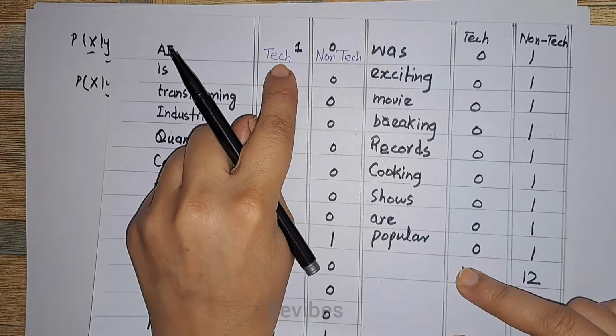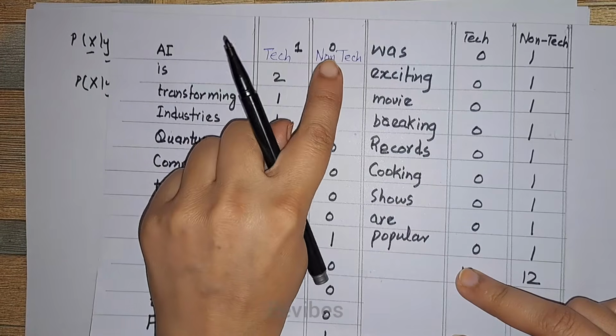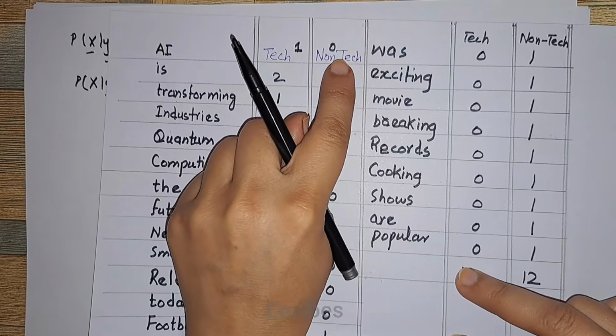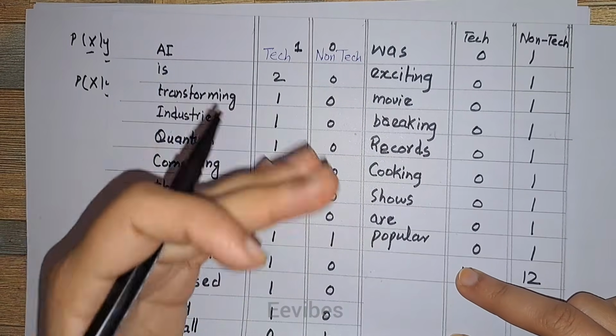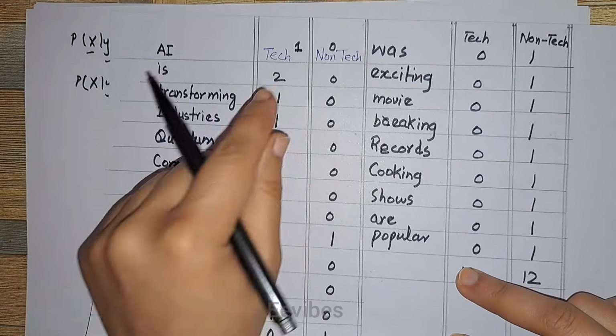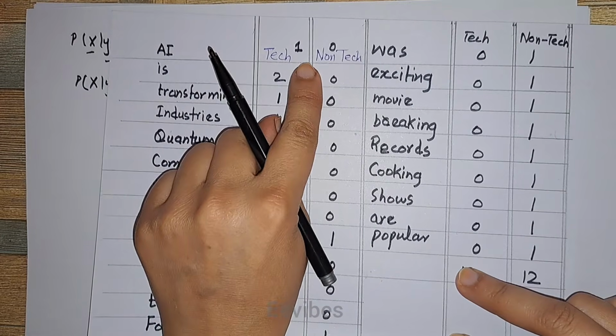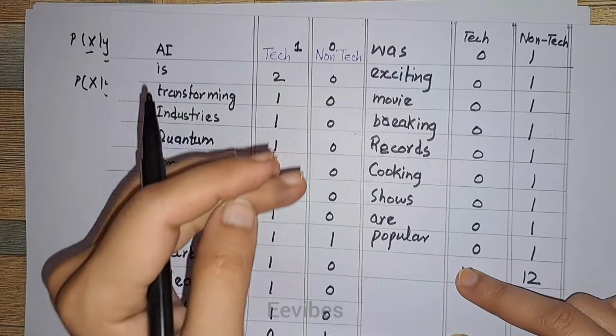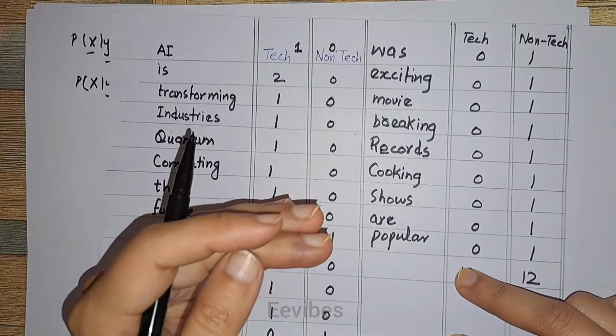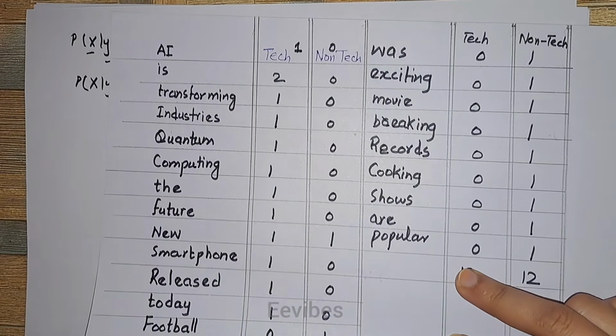Since it appears in the class tech but not in the class non-tech, whenever we face such a scenario, we apply the plus 1 Laplace smoothing. This avoids the probability being 0.